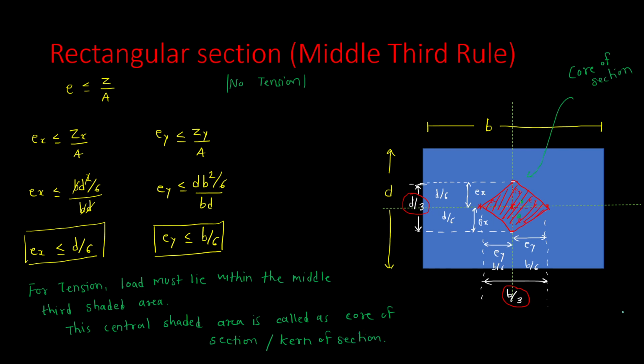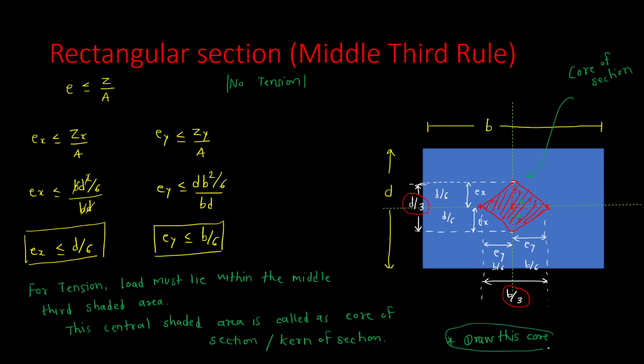Okay, so here you have to do this derivation, you have to practice this derivation. Also you have to remember this one point, that if the load is present in this core, then no tension is developed. And another important, or I can say the most important point from here, is you have to draw this core.